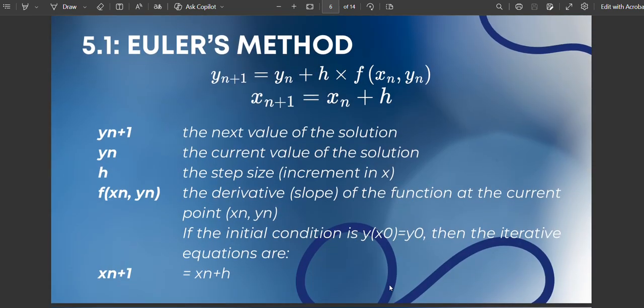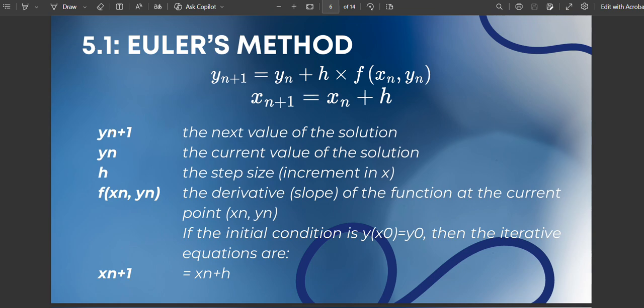So here are the formulas to be utilized in this method, where y sub n plus 1 equals y sub n plus h times the function of x sub n and y sub n. And the other one is to find the new value of x, which is x sub n plus 1 equals x sub n, or the initial value of x, plus the increment h. So what is y sub n plus 1?